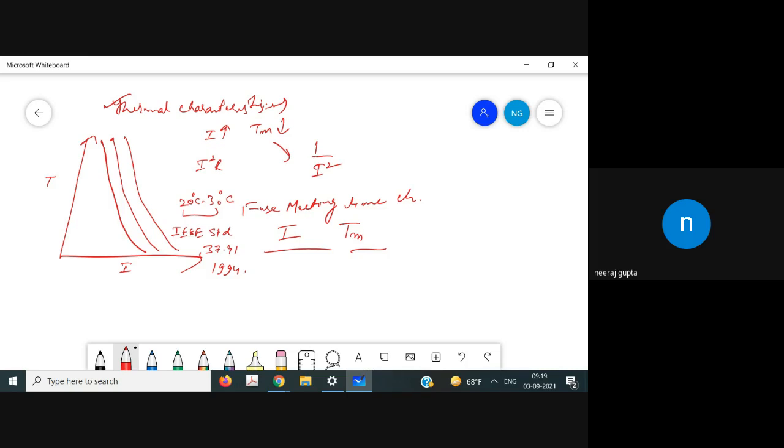Now the second one is the interrupting characteristics.